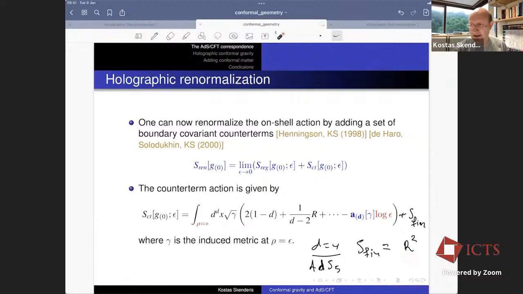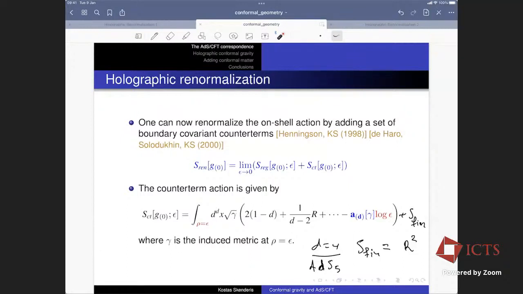The metric is not dynamical on the CFT side, so it's just a source for the energy-momentum tensor. Once you add this, it will modify the two-point function of the energy-momentum tensor by a specific piece, and that piece is scheme dependent. So the scheme dependence you find in the bulk is exactly the scheme dependence you have on the CFT. I see. Thank you so much.